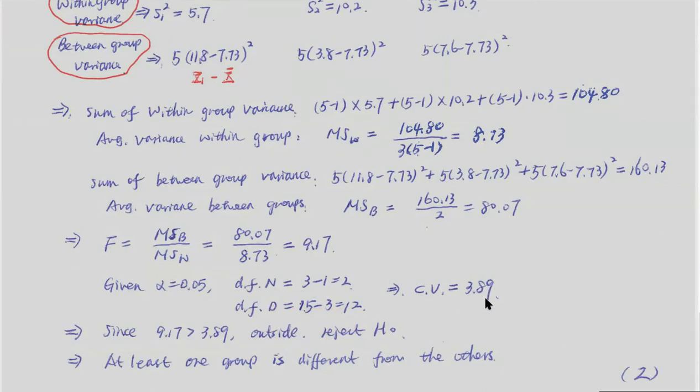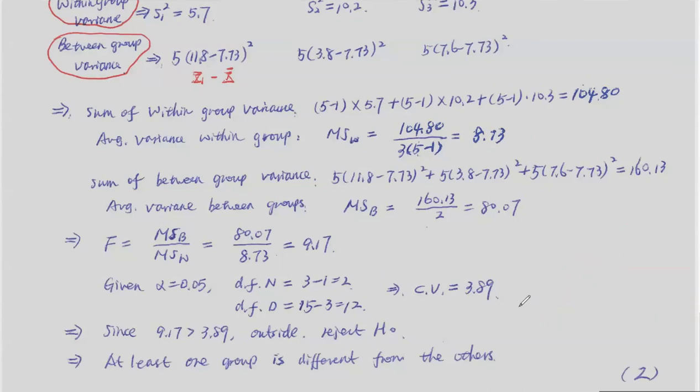Critical value 3.89, right? What's the data? Data tells us 9.17, which is further to the right. In other words, if you want me to draw the curve like that. I didn't draw very well. Let me erase that.